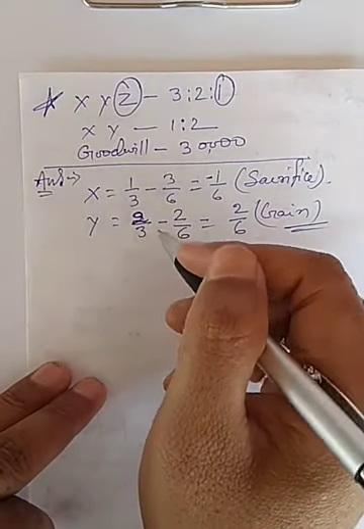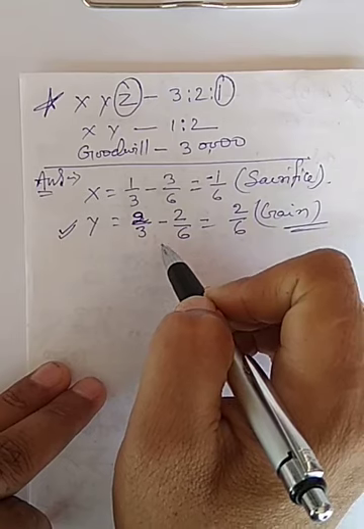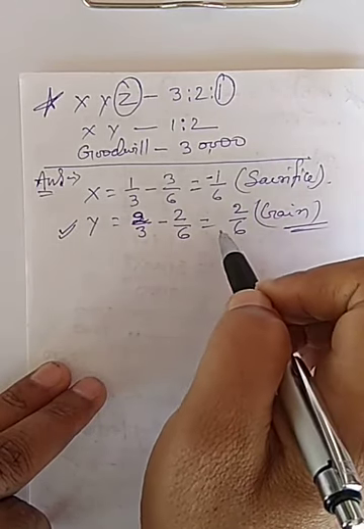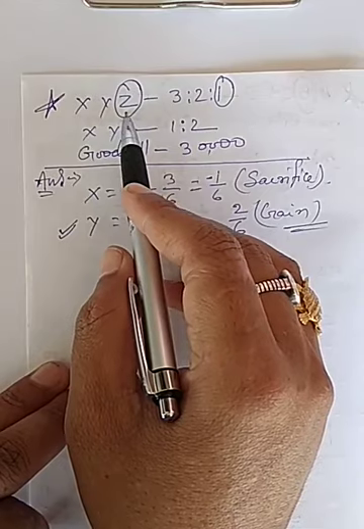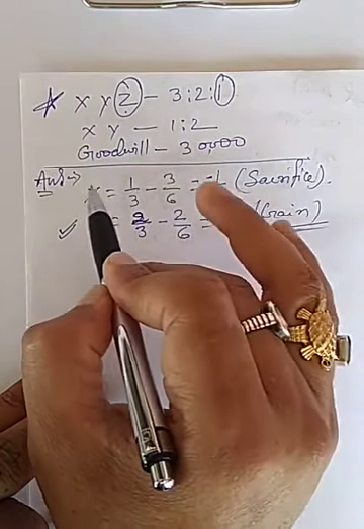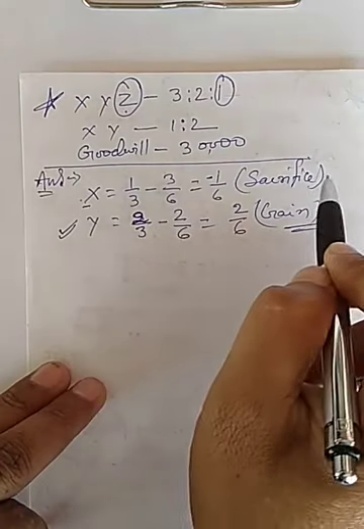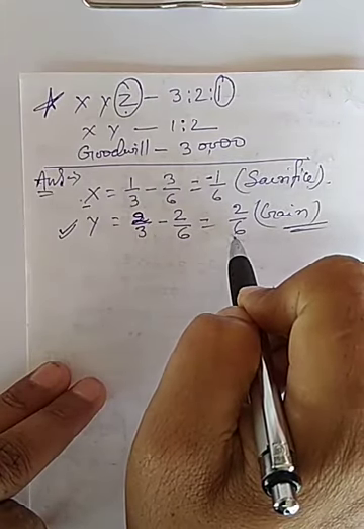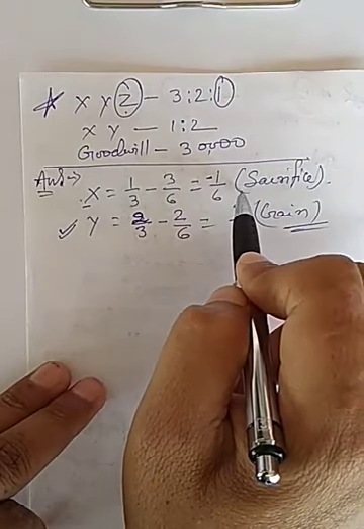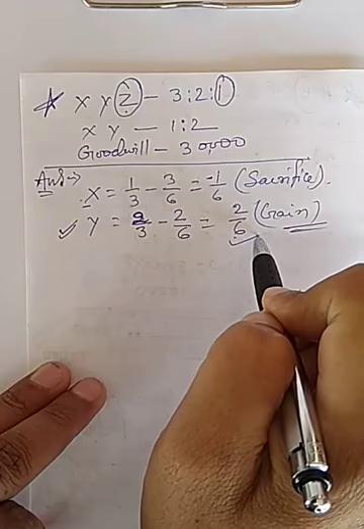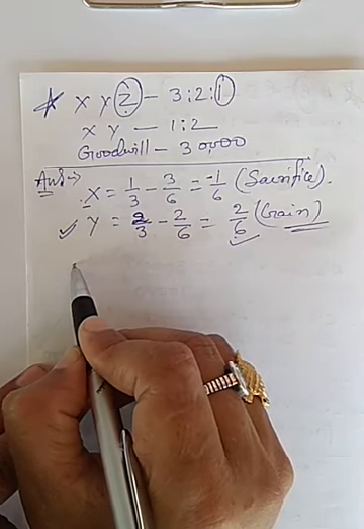Now Y alone is gaining, so he must compensate not only Z, the retiring partner, but also X, the continuing partner, who has also sacrificed in favor of Y. Z and X both sacrifice in favor of Y. So now I will calculate Z's share of goodwill.